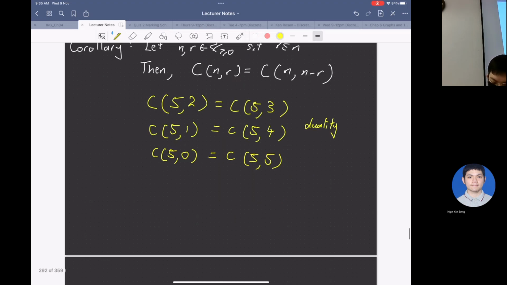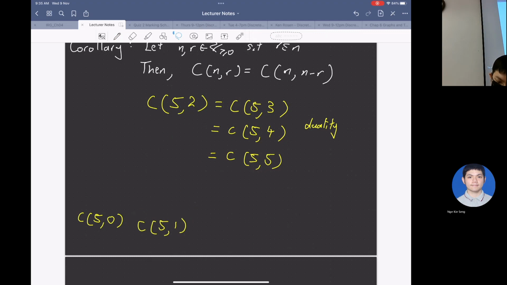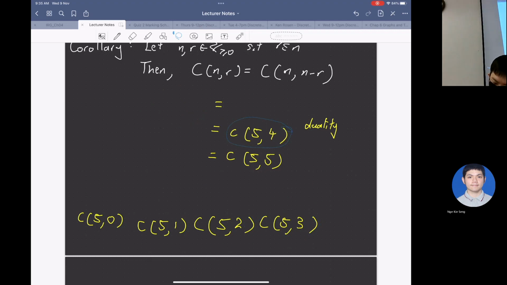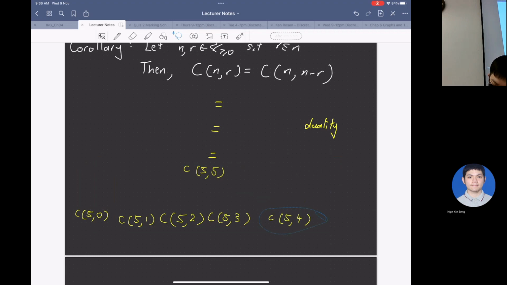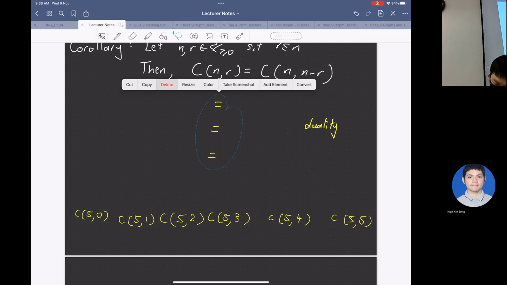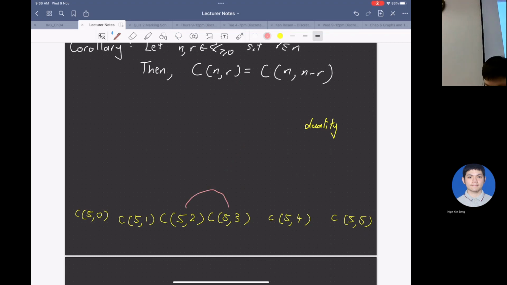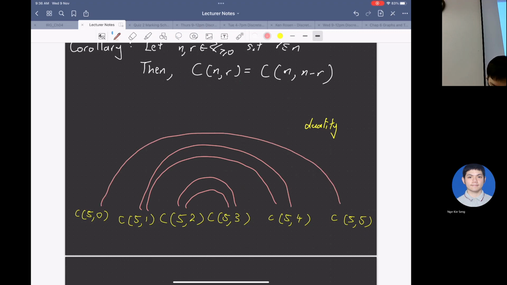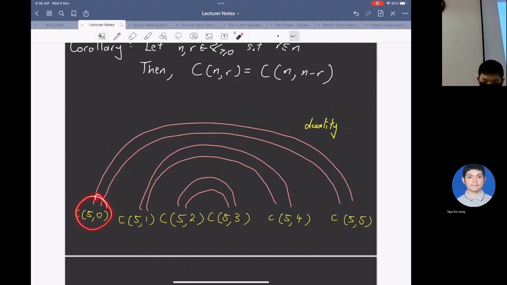Some duality phenomenon. If you arrange them in order, you see that there's symmetry like this. The outermost is the same.